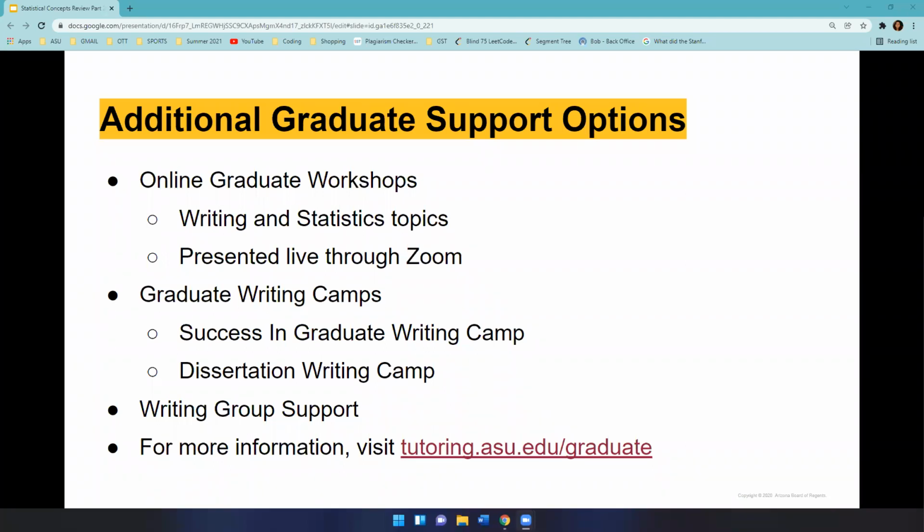Over the summer we also offer a Success in Graduate Writing Camp and a dissertation writing camp. Those are week-long intensives that give you a chance to write or work on your dissertation and also get feedback and go to workshops within those. Those are the only things that we offer that are paid. Everything else is free, which is really awesome.